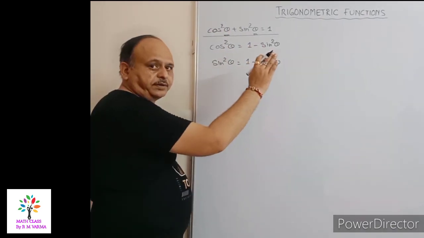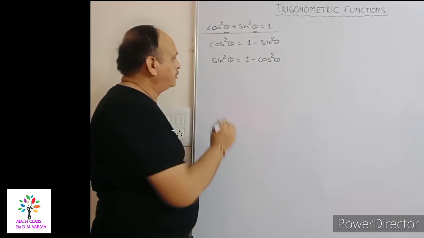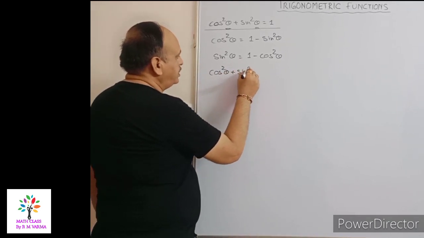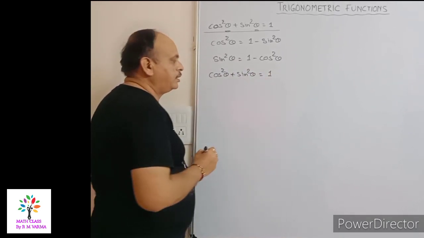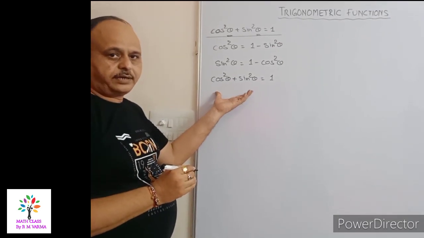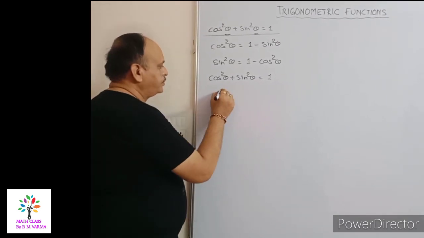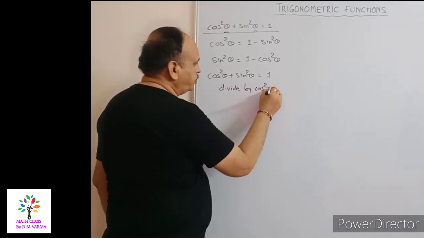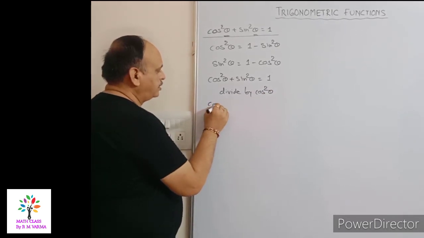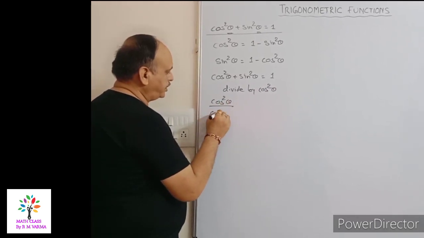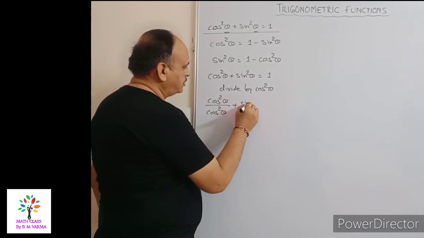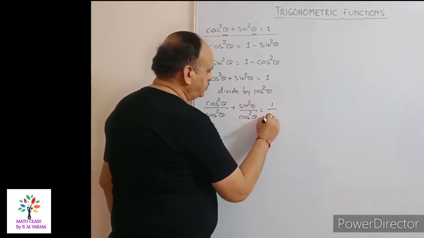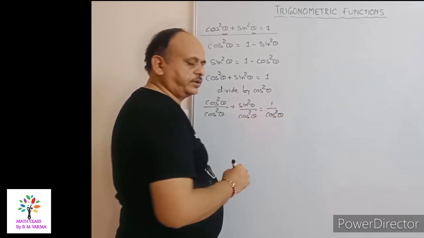Now from this main identity, we find other identities. So once again I write cos square theta plus sine square theta equals 1. Now I divide this identity by cos square theta. So you get cos square theta upon cos square theta plus sine square theta upon cos square theta equals 1 upon cos square theta.